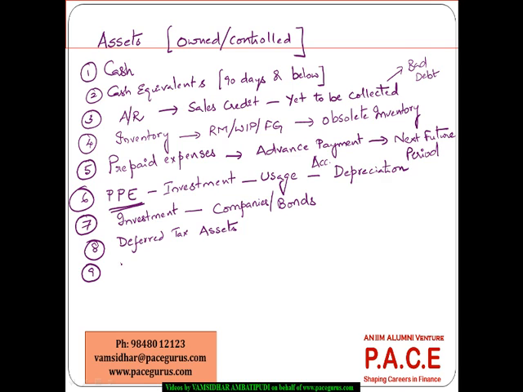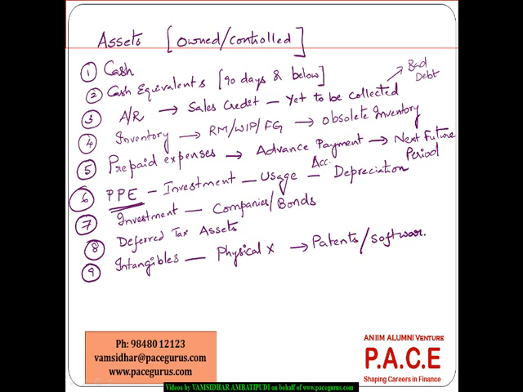And there could be intangible assets as well. Those kind of assets, those kind of resources which do not have physical form, but they still give value to the firm, like patents, for which there is a cost that was involved, but they can't be in a physical form.